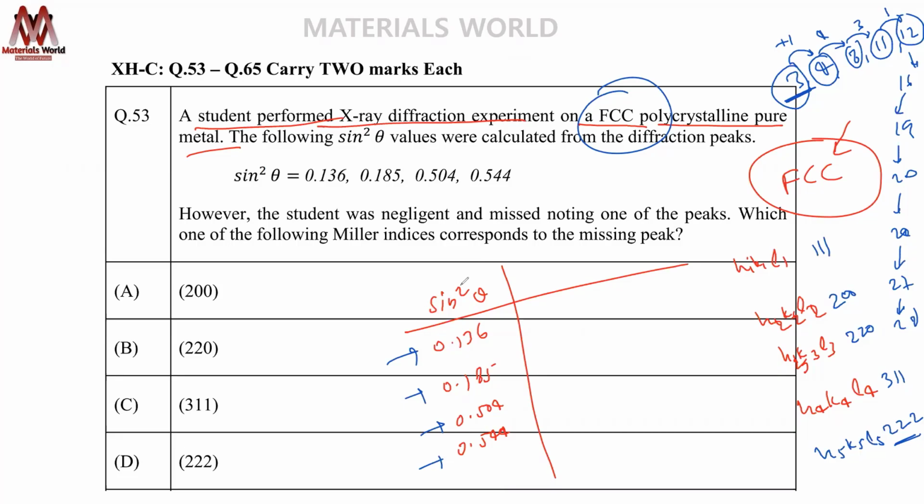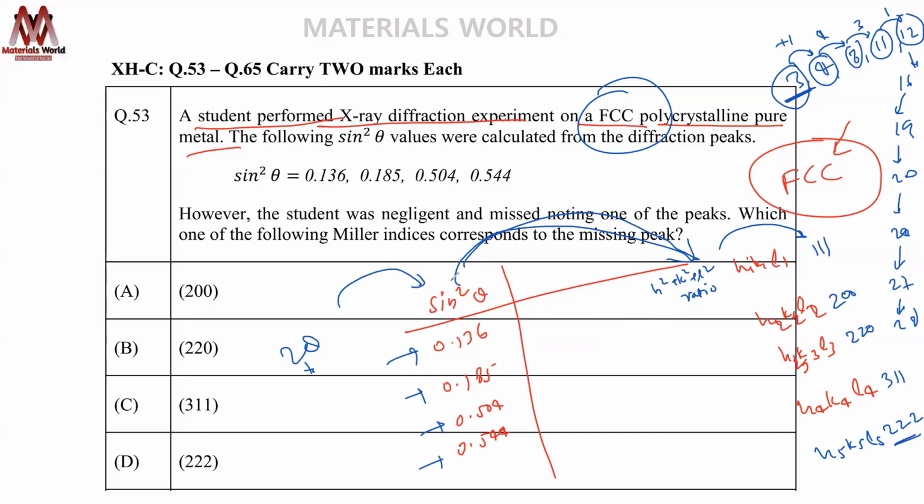So what we do is convert the 2 theta value to the sin square theta value. Then we convert this sin square theta value into the H square plus K square plus L square ratio, and then we find the HKL. It's a very simple activity that we ask our students to do.